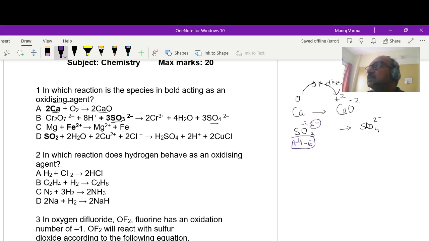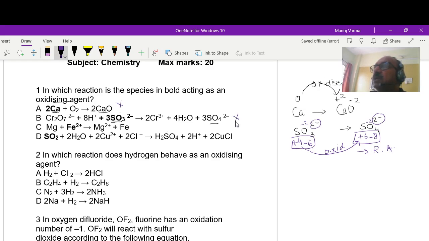Here oxygen is -2, 4 oxygens becomes -8, sulfur should be +6, because +6 -8 is equal to -2. So once again sulfur is oxidized, +4 to +6. Because it is oxidized, it's acting as a reducing agent. So this is also not the answer.